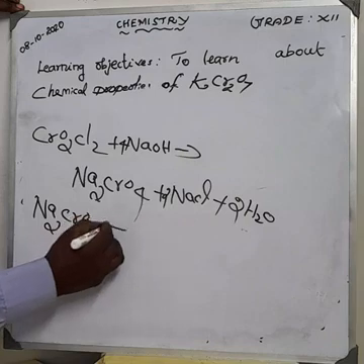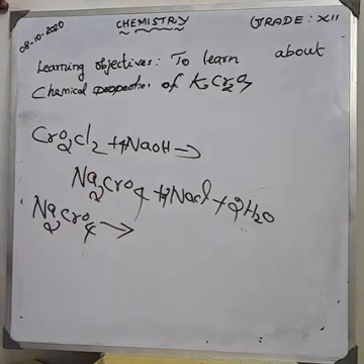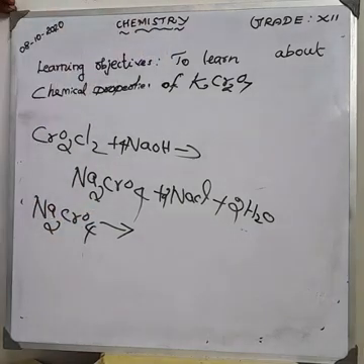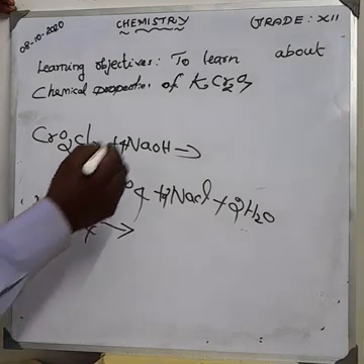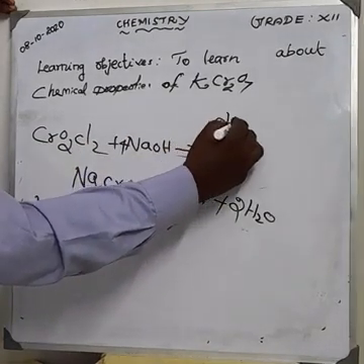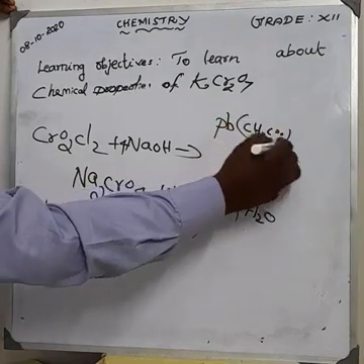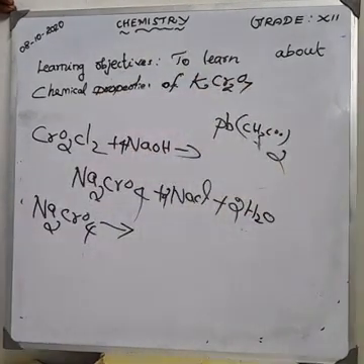Next, this sodium chromate, Na2CrO4, reacts with acetic acid and lead acetate. Lead acetate formula is Pb(CH3COO)2.